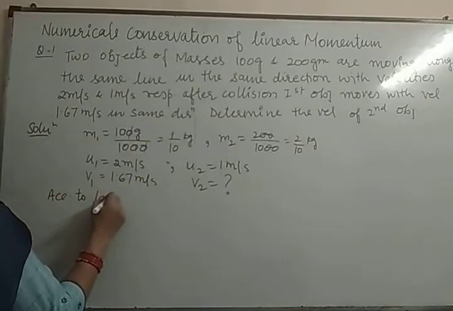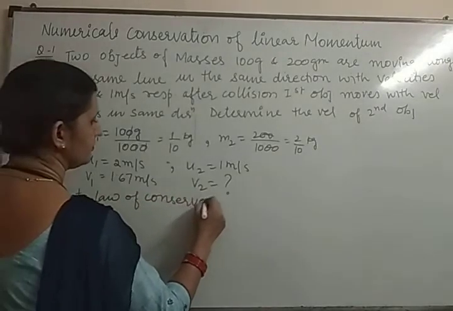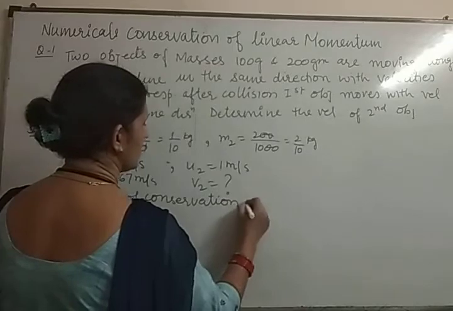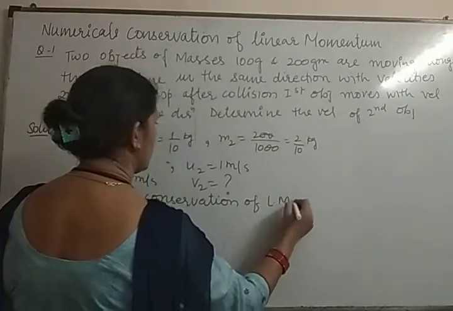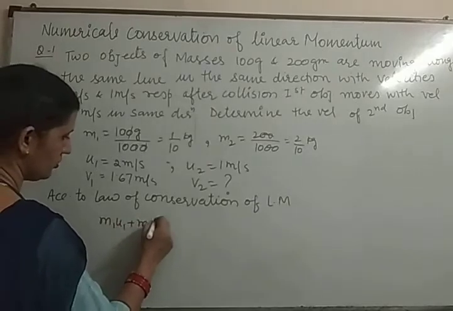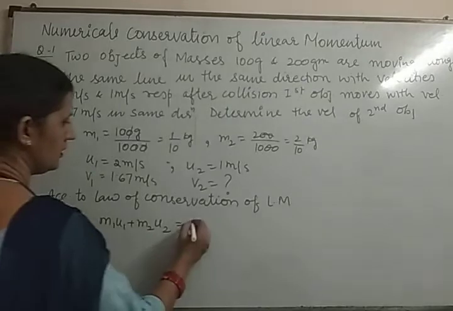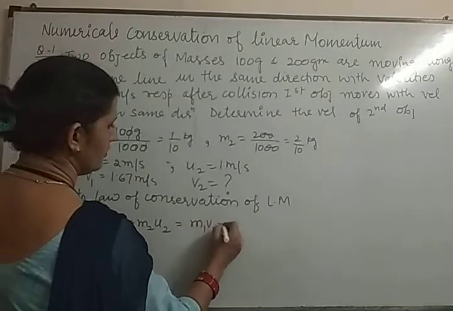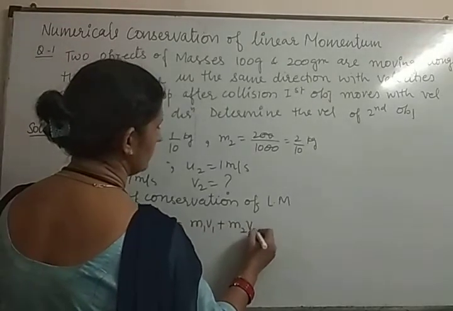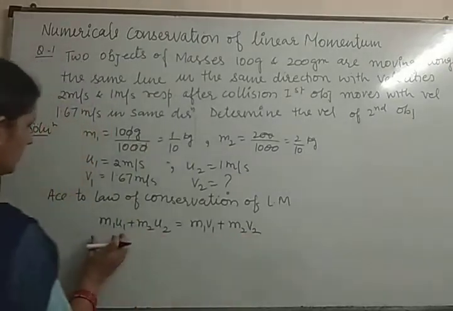So according to the law of conservation of linear momentum, you will write m1 u1 plus m2 u2, the momentum of the system before collision, is equal to m1 v1 plus m2 v2, the total momentum after collision. Put the values.